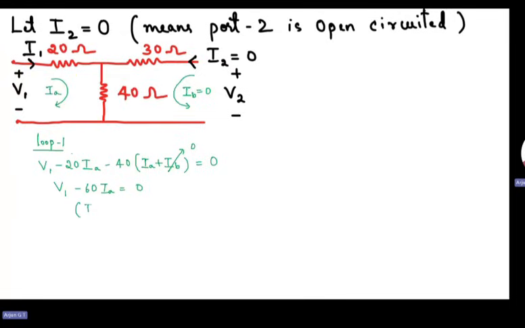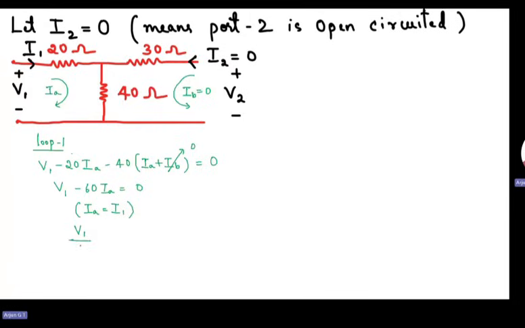We know IA is equal to I1, because we have to write in terms of the four variables V1, I1, V2 and I2; if we have other variables, we have to relate them to these four.